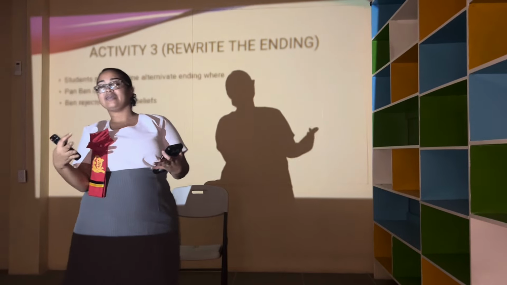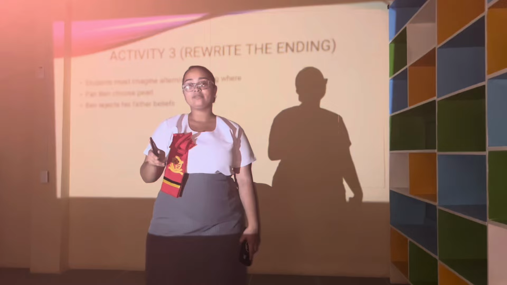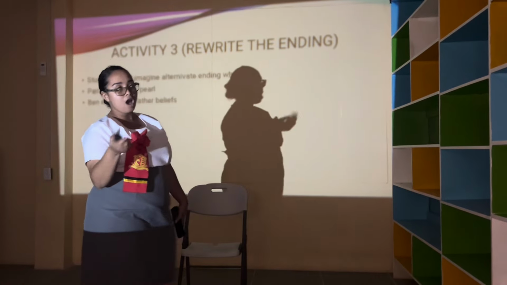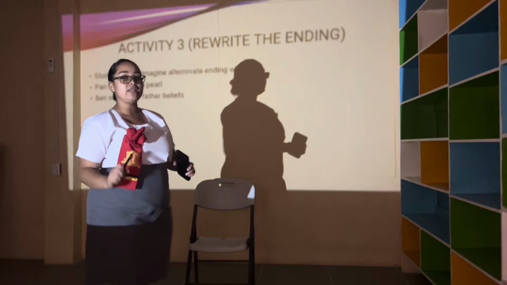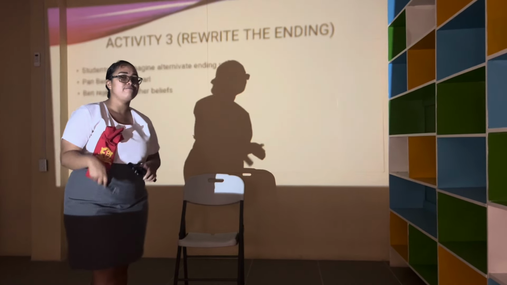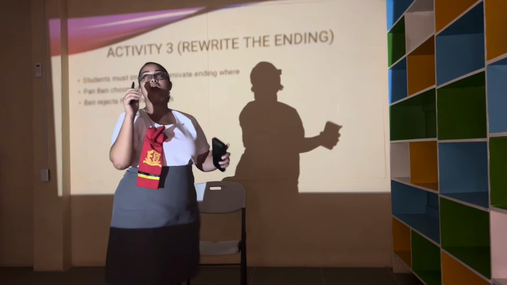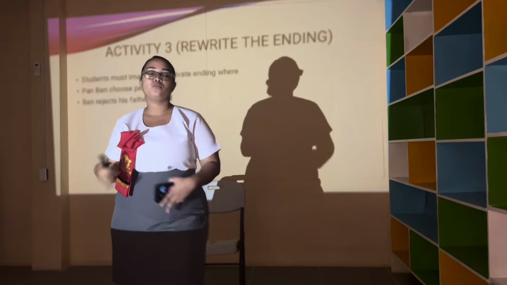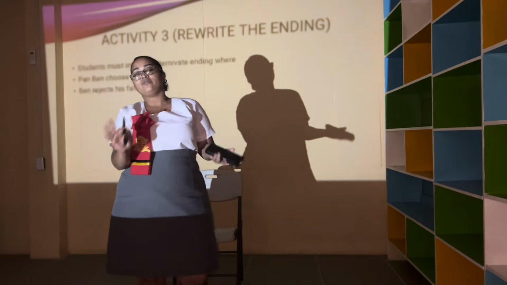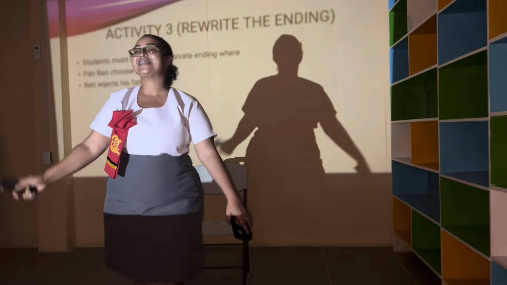How do you think the story would end if he married Pearl instead? Or if not, how would the alternate ending have been with Mr. Ben and Pearl? How about if Ben had rejected his father's way of thinking? How do you think that would have gone? So I want you to write it down in your books and we're going to discuss it.